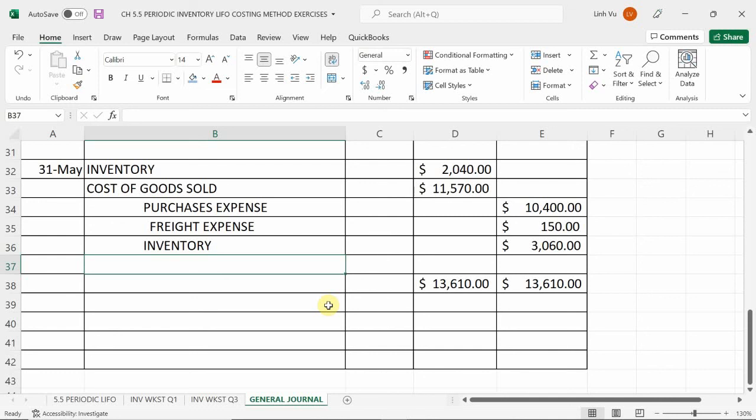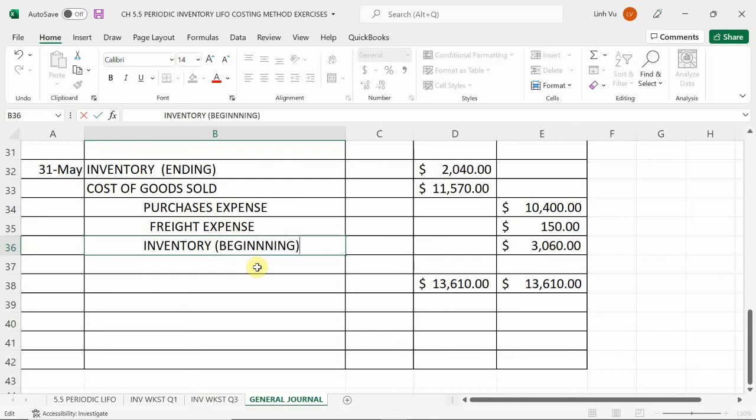You don't need to put in that this is ending, but for this class, for practice purposes, I'll allow you to do it, but they are essentially the same exact account. One of them is just referring to that you're taking it out from inventory and selling them, and the other one is just referring to what you have left remaining at the end of the day.